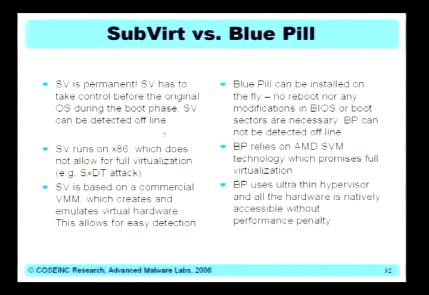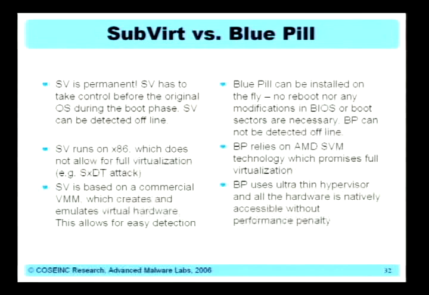Second, Subvert was created for the standard x86 architecture. It only uses software virtualization as implemented in VMware or Virtual PC. That means that it's not resistant against SXDT attacks.